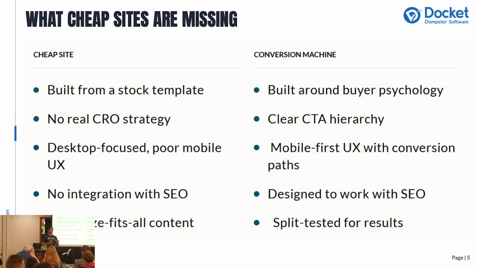And so our first experience with most companies is on a mobile device. How does your website look on a mobile device? Most people design desktop first and mobile second, but on average, most first visits are 60 to 70% mobile. So with a conversion optimized site, they understand that and they're designing mobile first, desktop second.